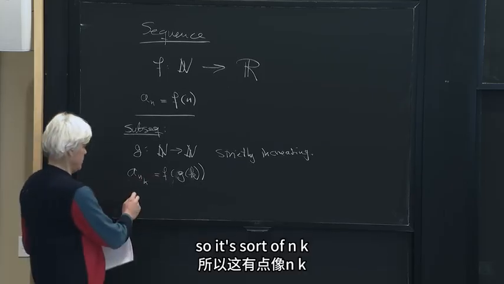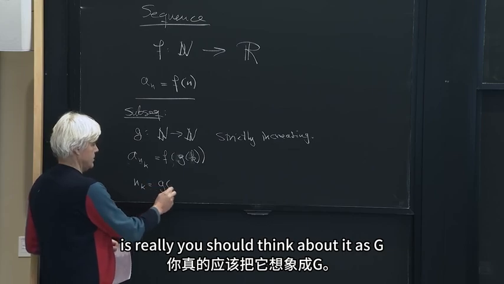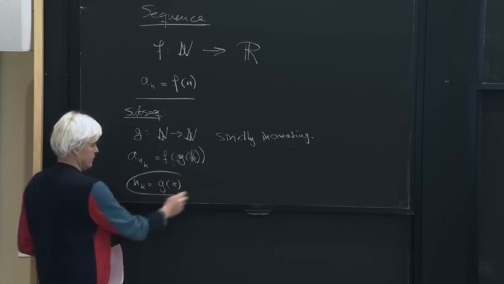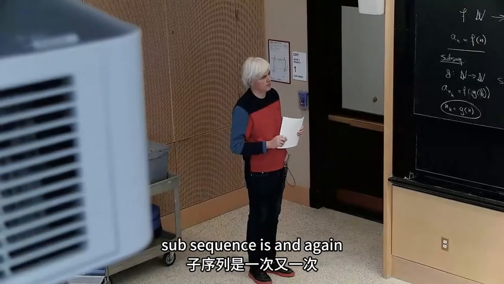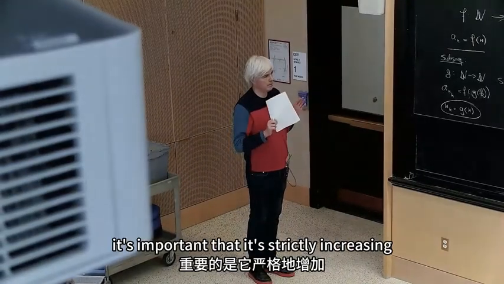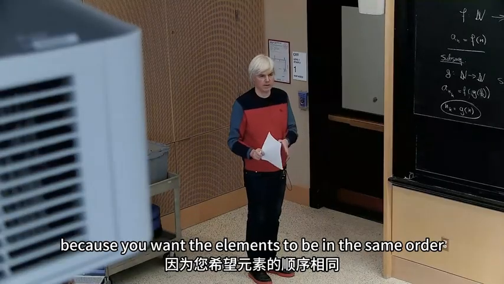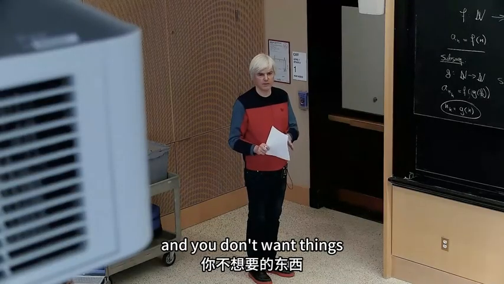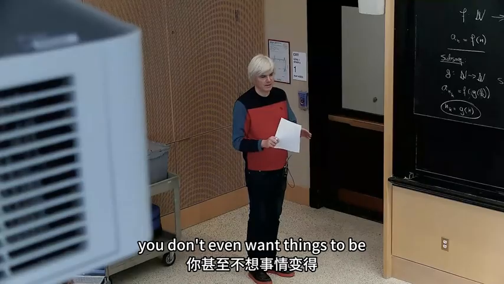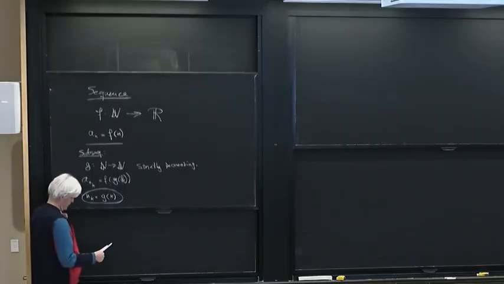So n_k is really g of k. Okay, so that's what a subsequence is. Again, it's important that it's strictly increasing, because you want the elements to be in the same order as in the original sequence, and you don't want things to be picked more times than in the original sequence.